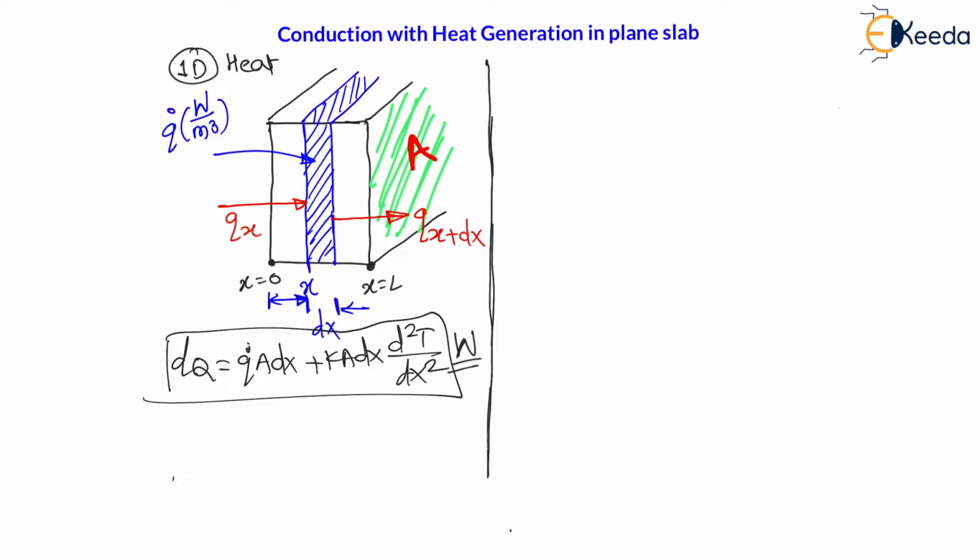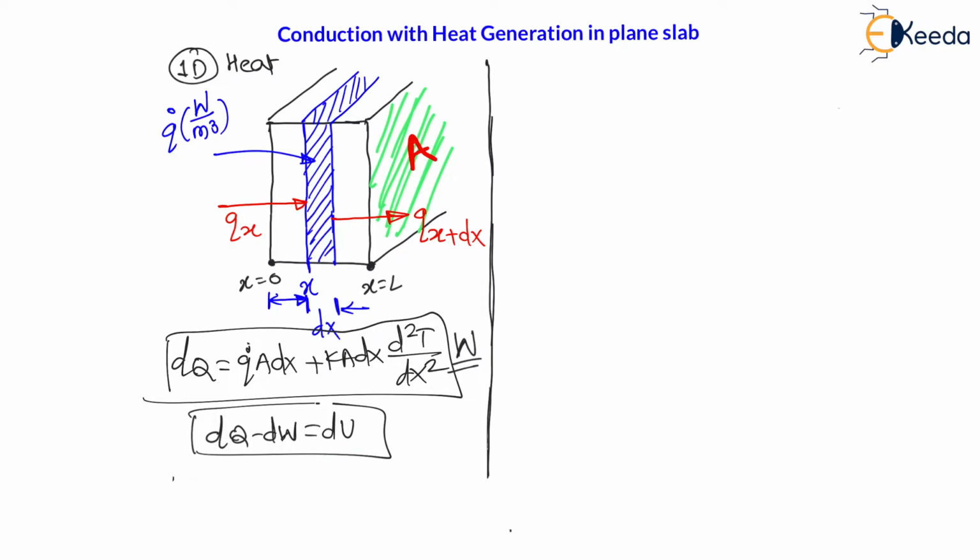Now my dear students, if I apply the first law of thermodynamics for a very small element of length dx, then as per the first law for a process, dQ minus dW is equal to dU. Where dQ is heat interaction, dW is work interaction, and dU is change in internal energy of this element.